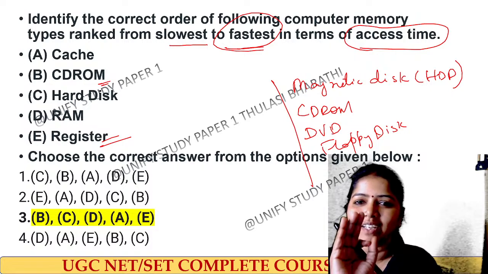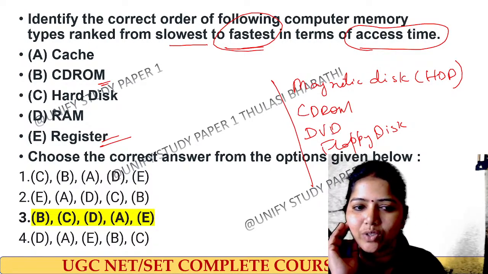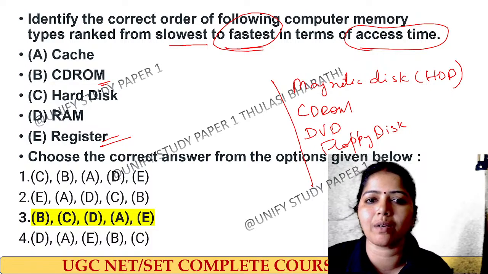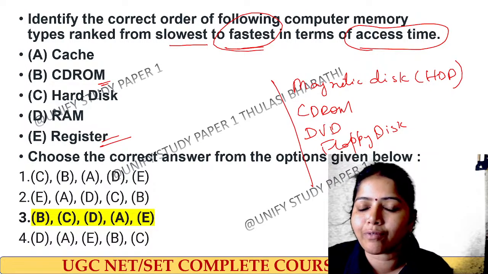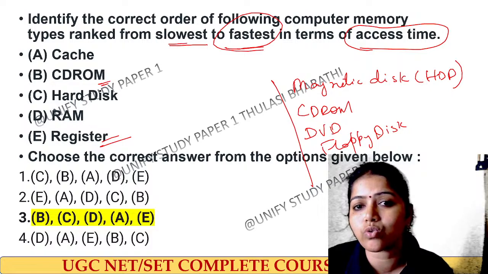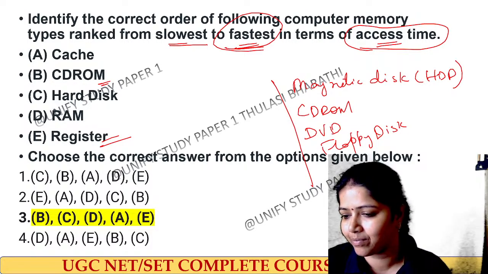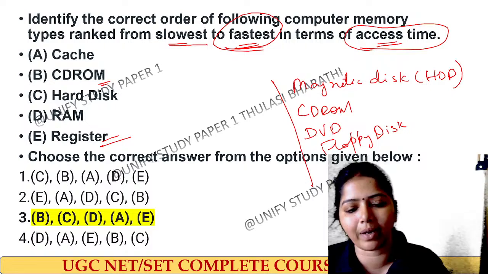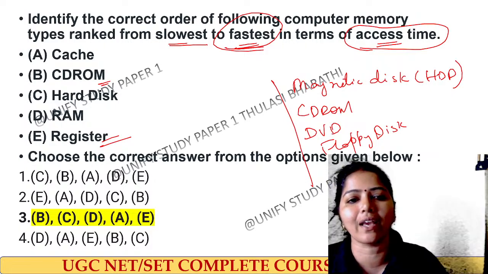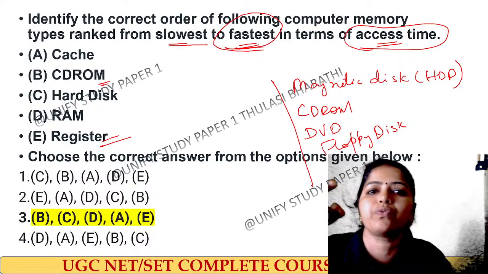Wait, I'll tell you clearly again. Sharpen your ears and listen to me. Here the question is about the following computer memory types ranked from slowest to fastest in terms of access time. See the question properly. In terms of access time, which is slow, which is fast?